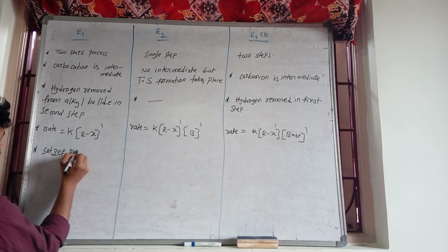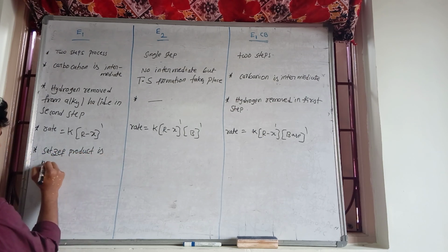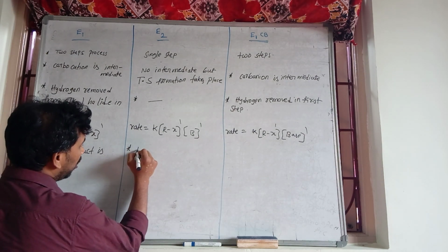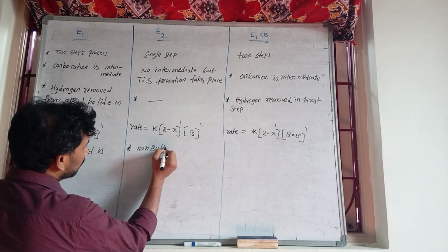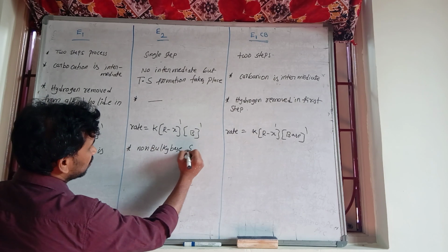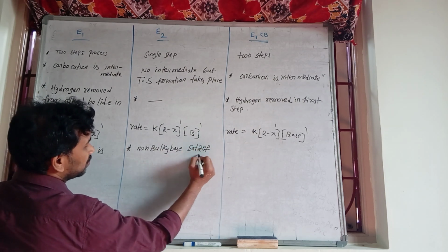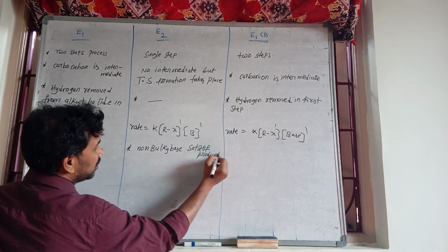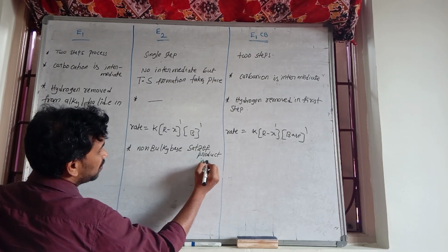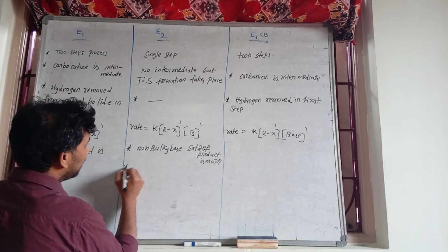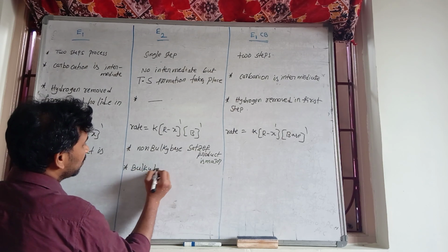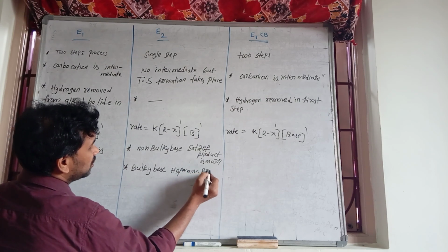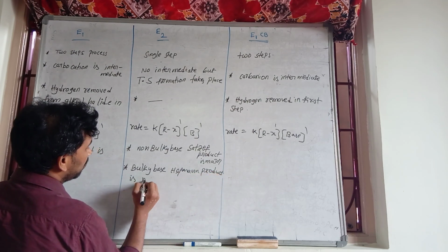In E2, with a non-bulky base, Saytzeff product is major. If a bulky base is used, Hoffman product is major.